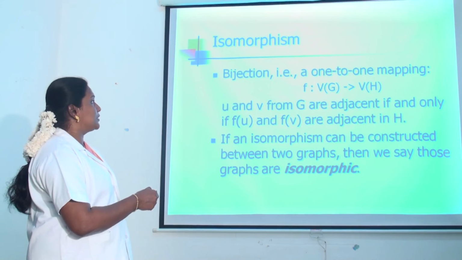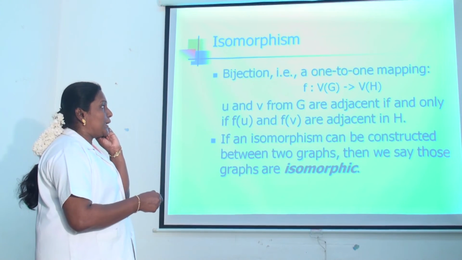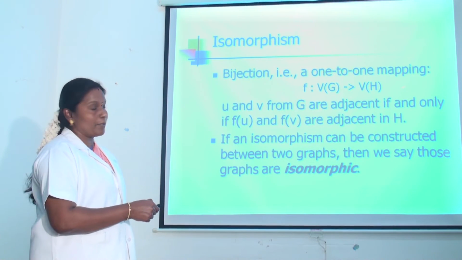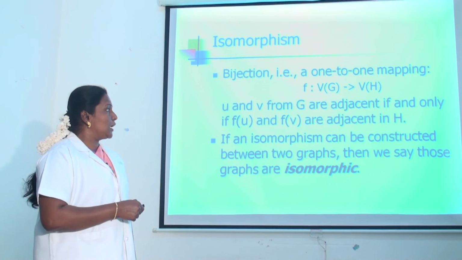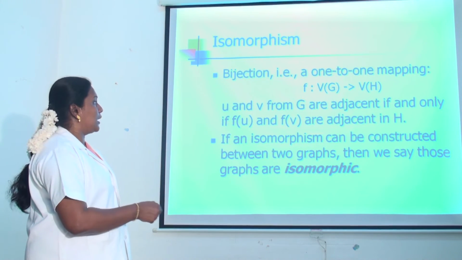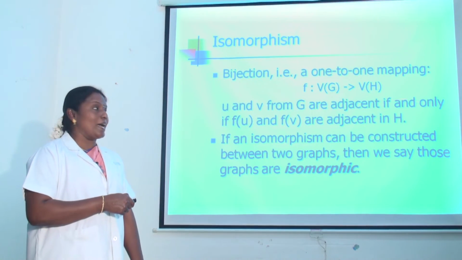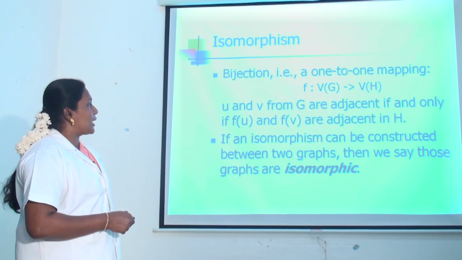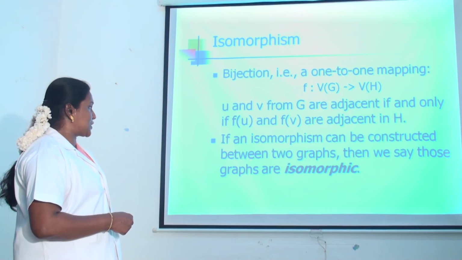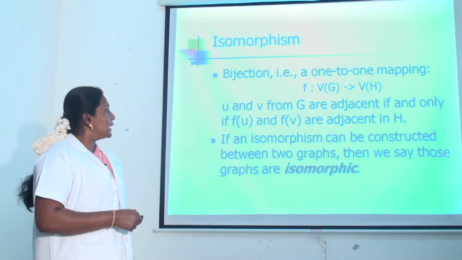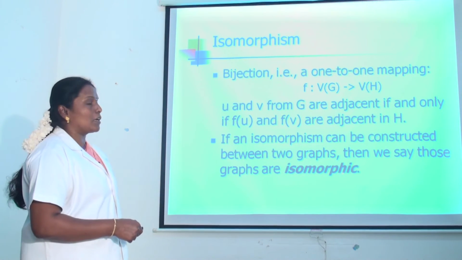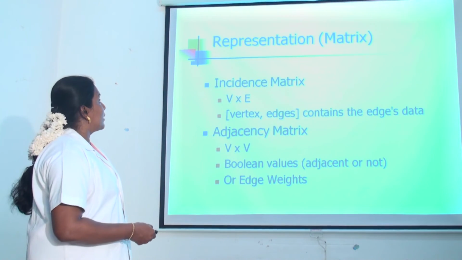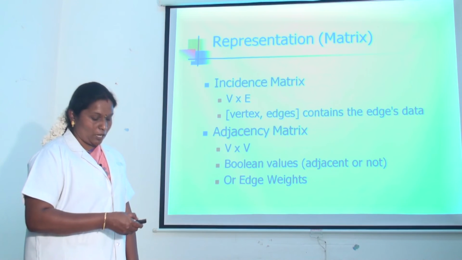Here it is a bijection, that is a one-to-one mapping F from V of G to V of H. U and V from G are adjacent if and only if F of U and F of V are adjacent in H. If an isomorphism can be constructed between two graphs, then we say those graphs are isomorphic. And then isomorphism problems.